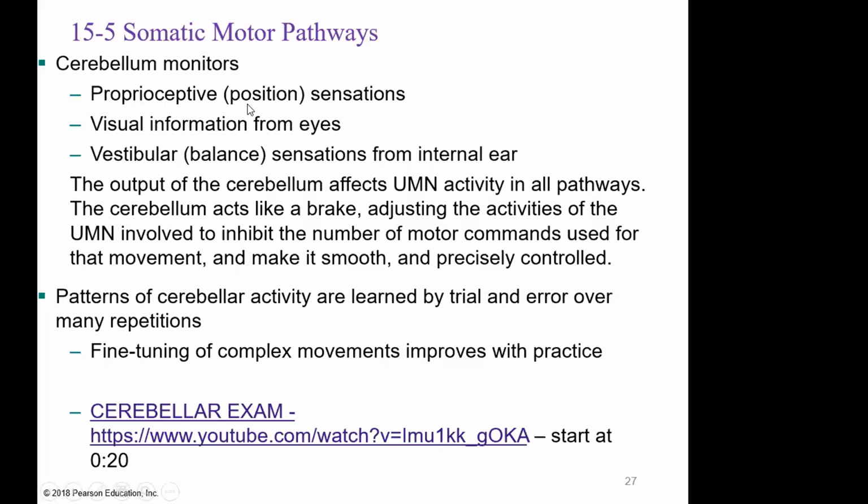Where am I? Where's my arm? Where's my leg? Visual information from the eyes, and then the vestibular sensations from the ear. Output of the cerebellum affects upper motor neuron activity in all pathways. So circle all pathways. The cerebellum will act like a brake and will help adjust the activities to make them smooth and precisely controlled.